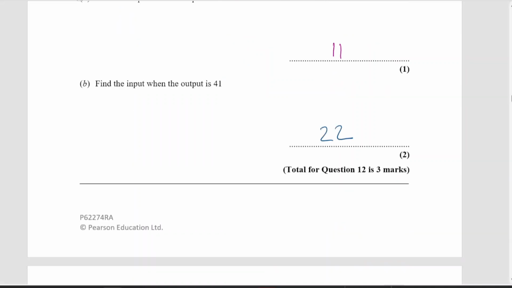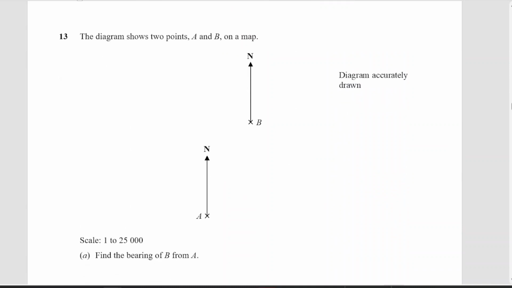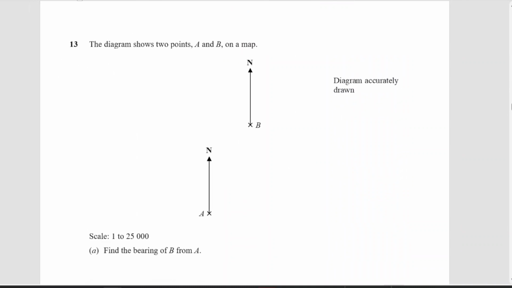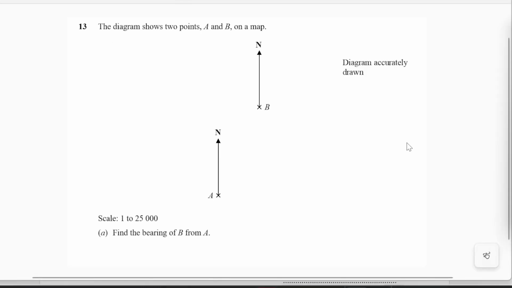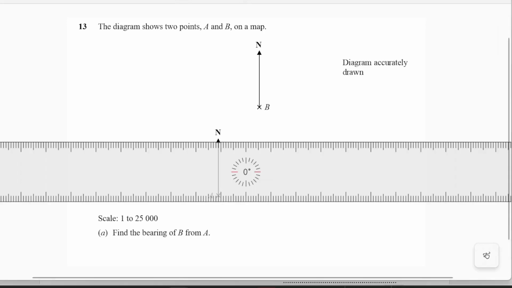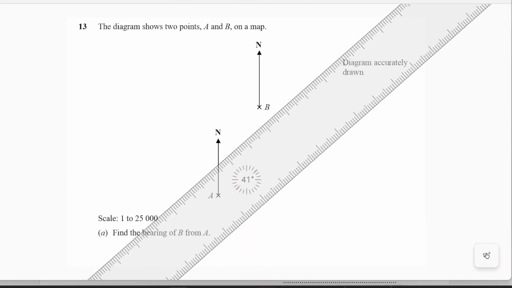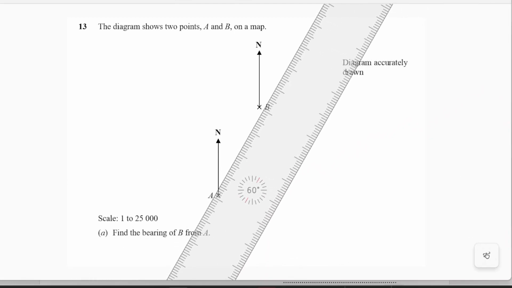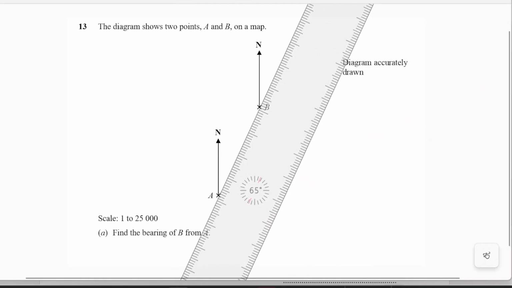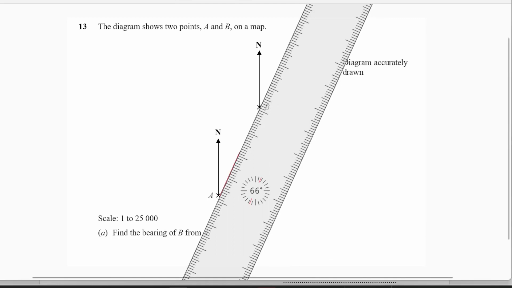Okay, question 13 then. If I want the bearing of B from A, so I'm measuring from A, in effect I want the bearing of this line.